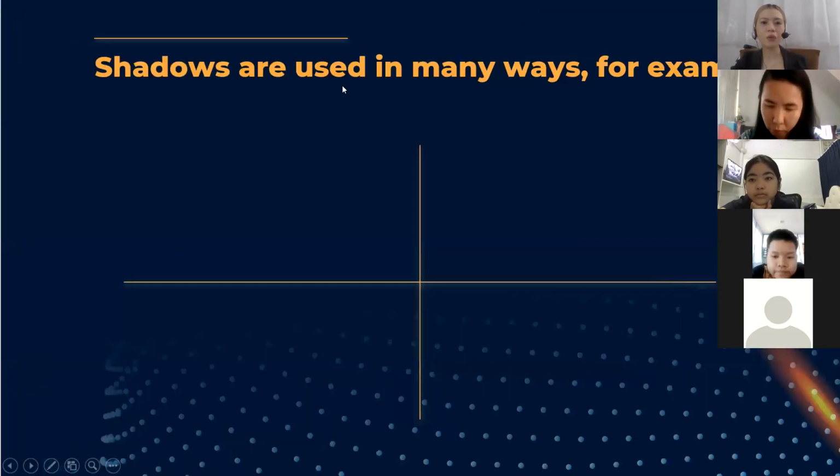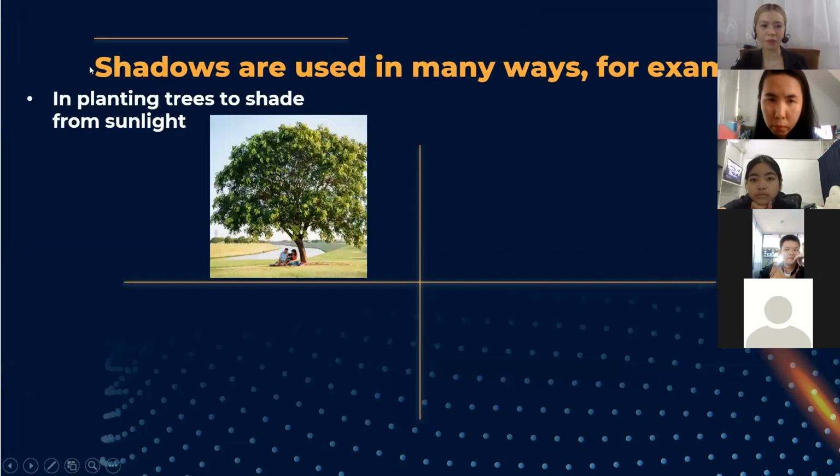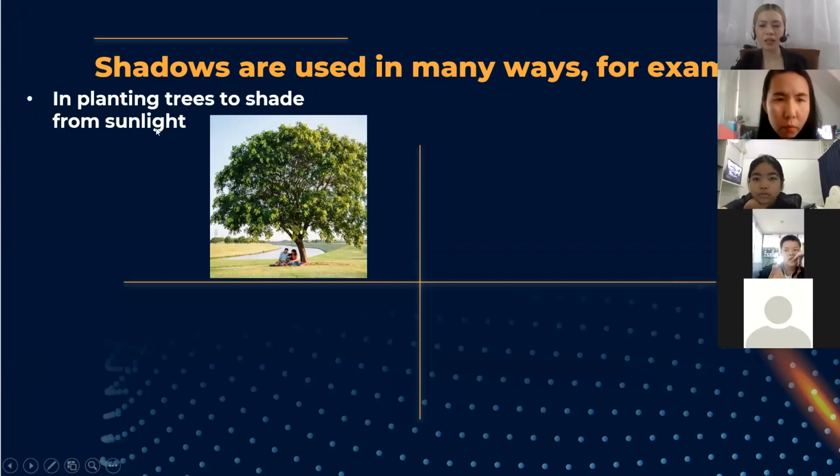Now, shadows are used in many ways. They are not just shadows, they have uses in our life as human beings. For example, can you read that for me, Nanapat?